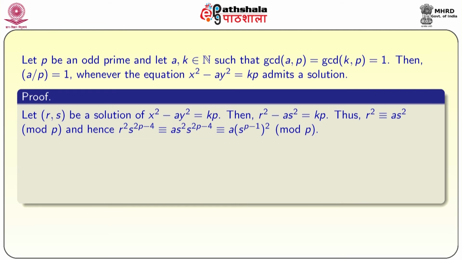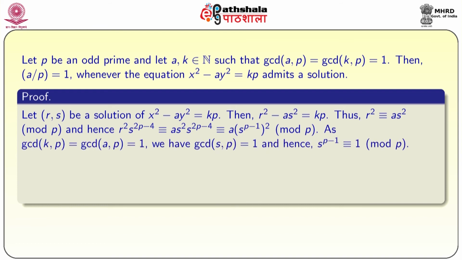Since GCD of k and p equals GCD of a and p equals 1, we have GCD of s and p equal to 1. So by Fermat's little theorem, s power p minus 1 is congruent to 1 mod p.